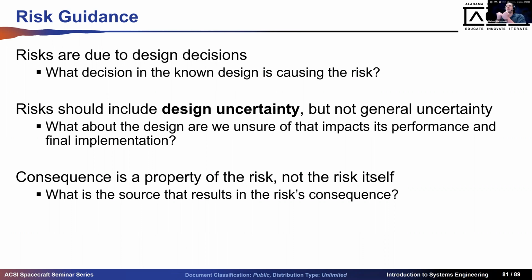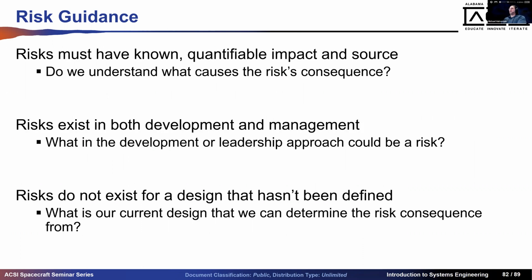Risks are a consequence of the design, not general uncertainty. So you have to know what is the impact. You have to be able to quantify that in order for it to be a well-defined risk. So what about the design is quantifiable such that we can know what that impact is going to be?